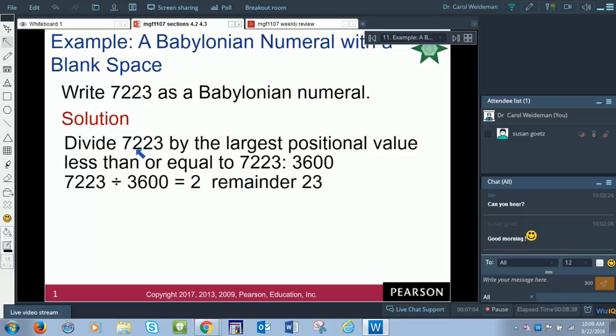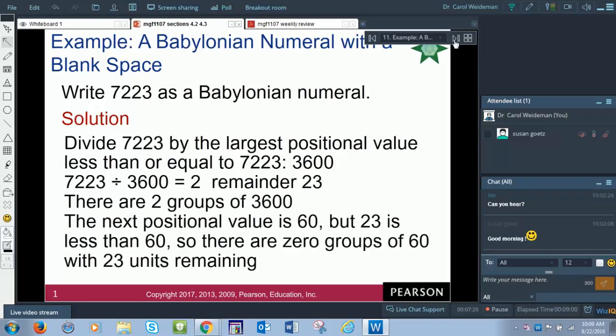So you're going to take 7223, divide by that number, and I get 2 with a remainder of 23. How do I find the remainder? 2 times 3,600 gives me 7,200. Subtract from 7,223, and I get a remainder of 23. So there are 2 groups of 3,600.